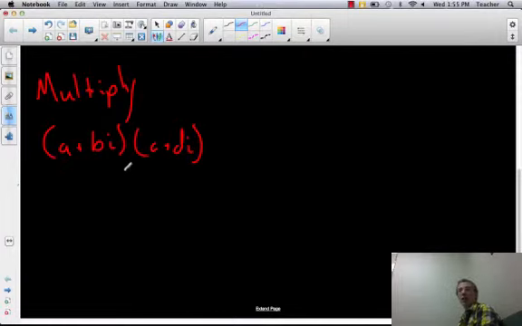Now, let's say this equation needs to be multiplied. All you're going to do is use FOIL. So you go first, outside, inside, last. We've all used FOIL before and it makes sense to us.